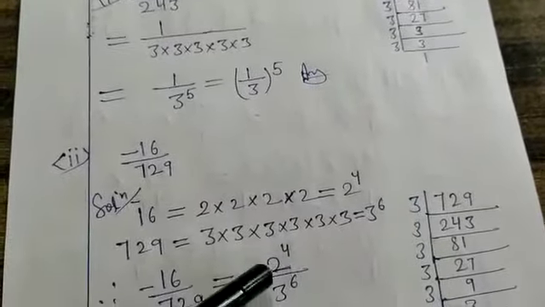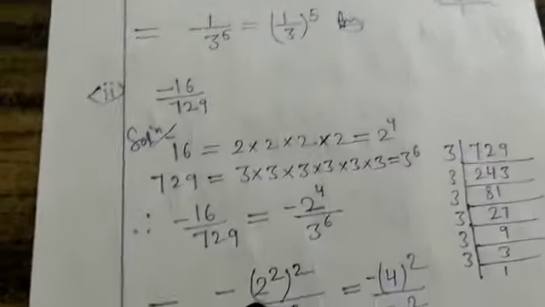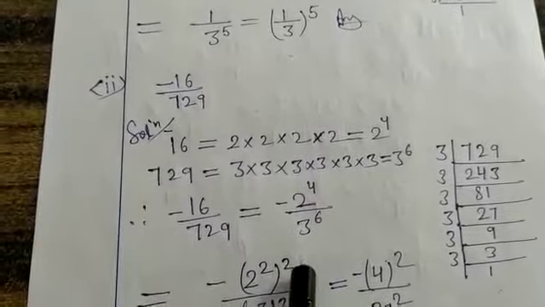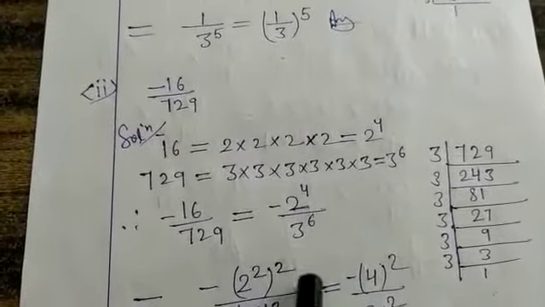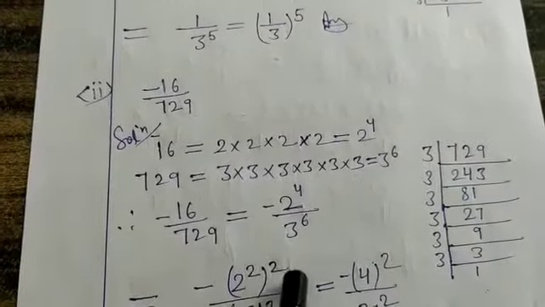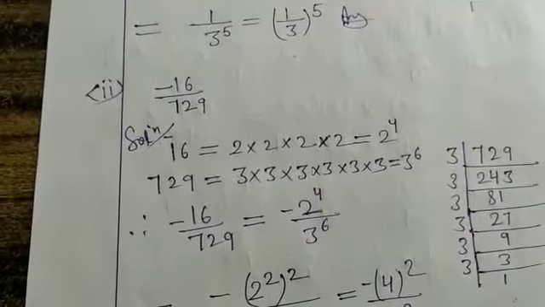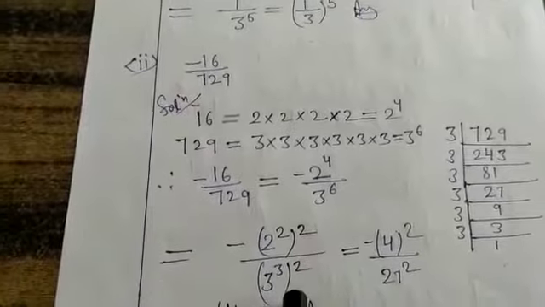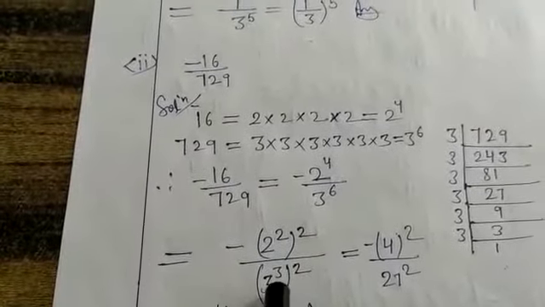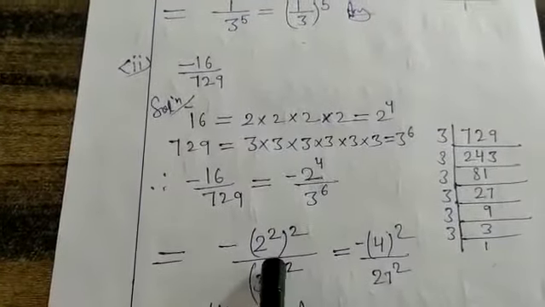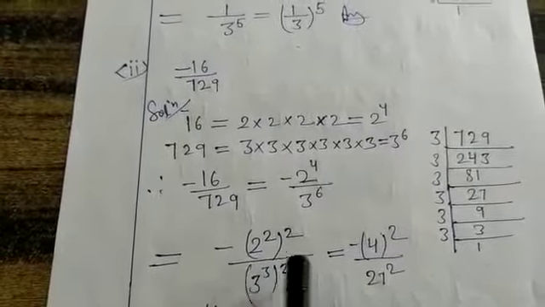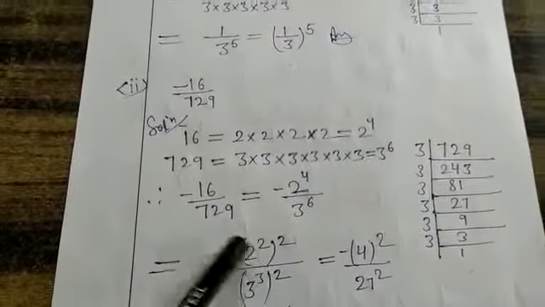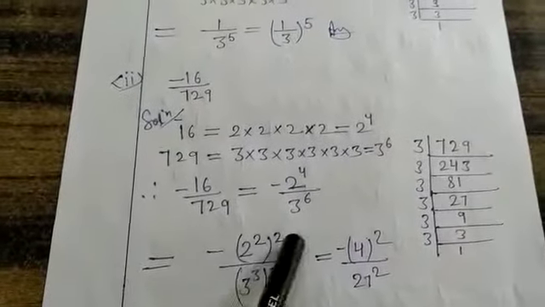Now this 2 to the power 4 can be written like this: 2 square whole to the power 2, because power will be multiplied with power, 2 times 2 is 4. And 3 to the power 6 can be written as 3 cube whole to the power 2, because this power will be multiplied with this, then 3 to the power 6 will be equal to 3 to the power 6, and it will become 2 to the power 4.